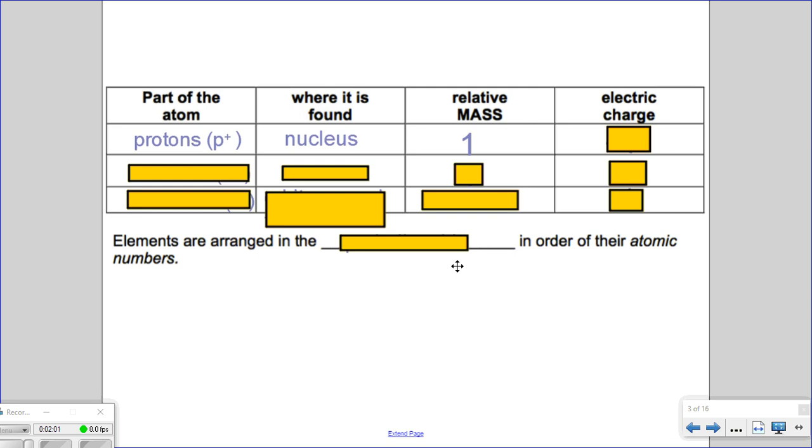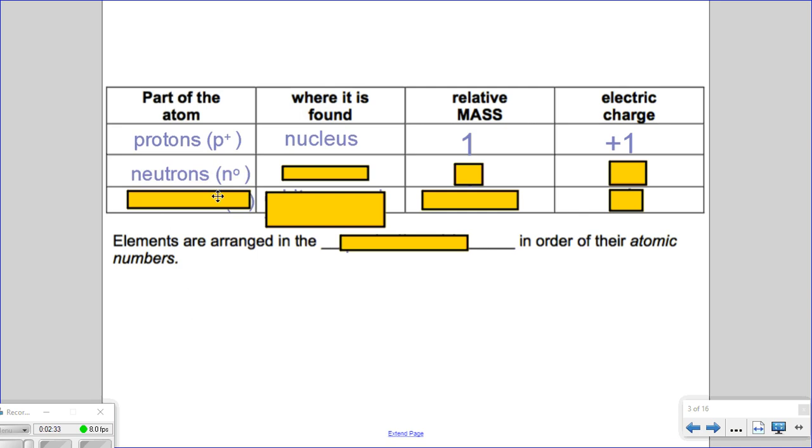Protons are so small that their actual mass is a very tiny number, so this is the relative mass compared to other subatomic particles. The electric charge on a proton is +1. Protons have a positive charge, hence the plus sign.